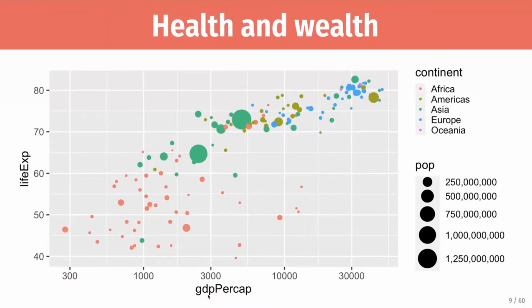And so we didn't change any part of the code to make it not be a scatter plot. You just said we're still representing this stuff as points, but instead of having a continuous GDP variable on the x-axis, we're going to have a categorical variable on the x-axis, but still show them as points.